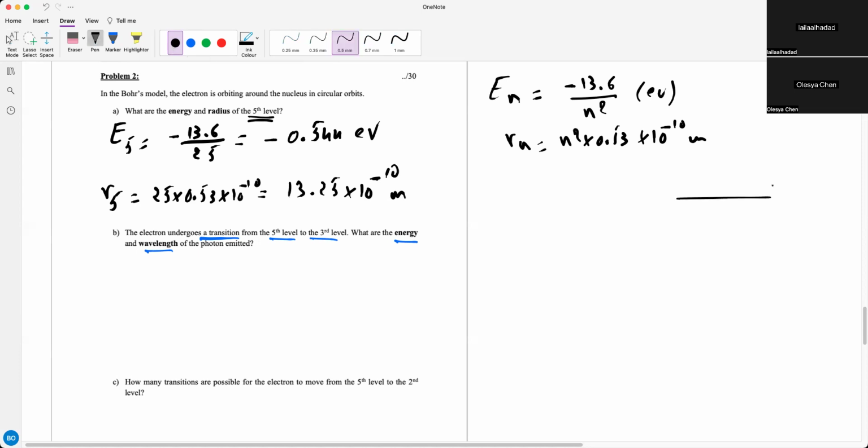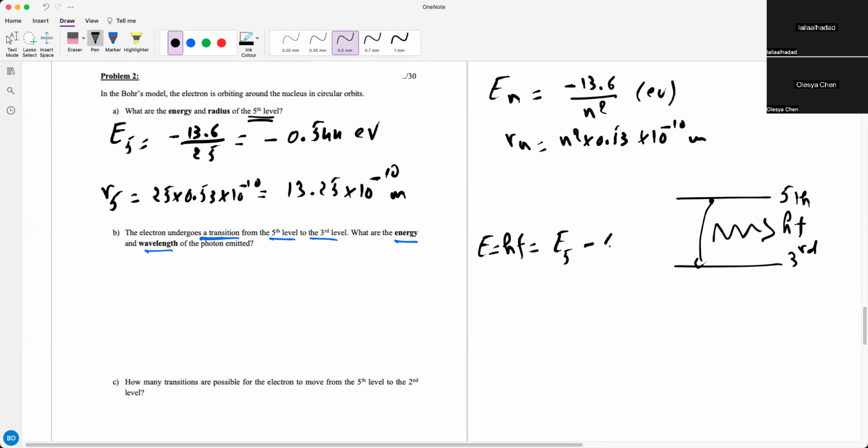So I have an electron that is in the fifth level, and it goes to the third level. So the electron goes from here to here. So there will be a photon emitted, and the energy of the photon, which is also hf, is equal to the fifth minus the third. Are you following?